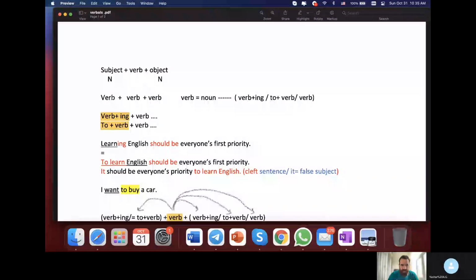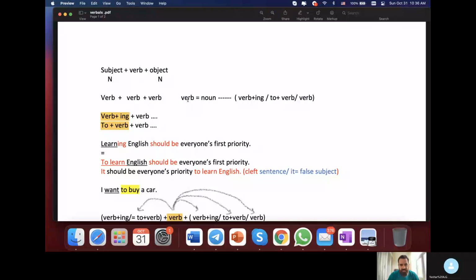Sometimes I need to use a verb in the place of the subject or in the place of the object. Whenever I need to use a verb in the place of the subject, I should change it to a noun. So how is it possible?